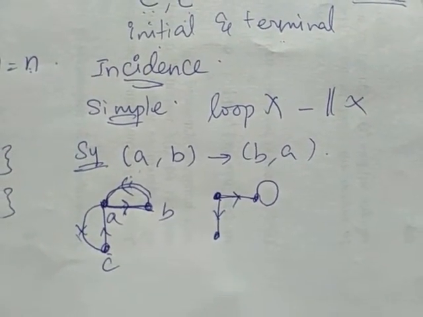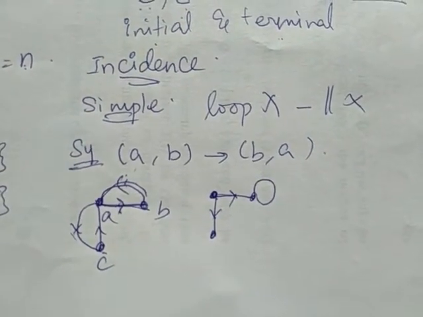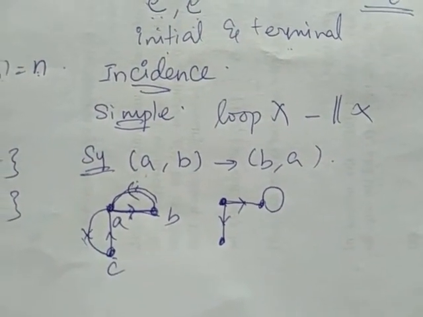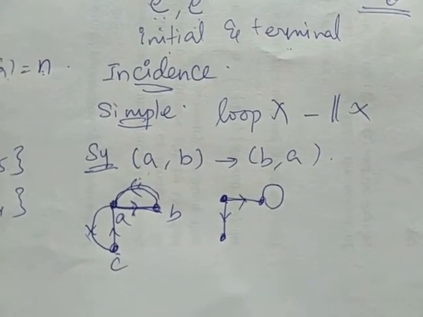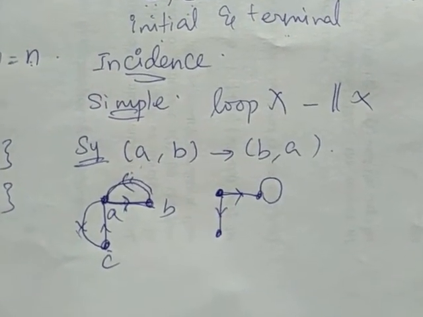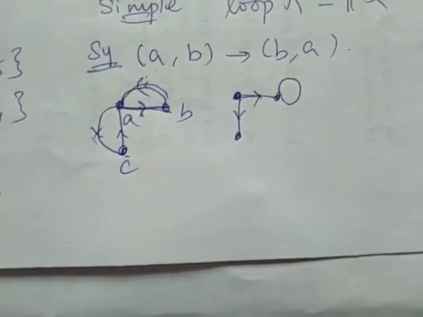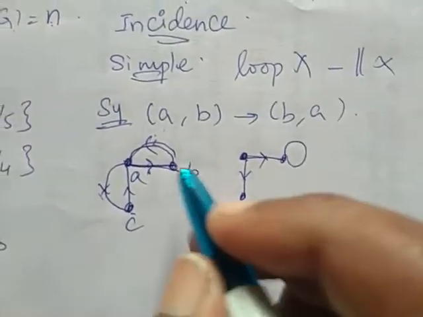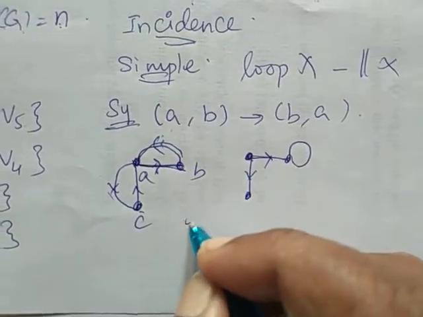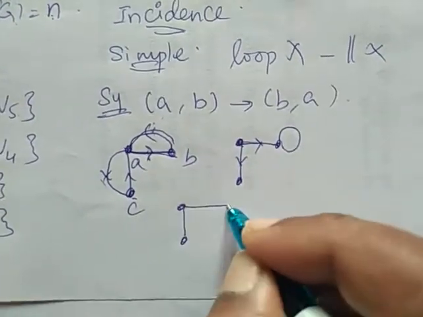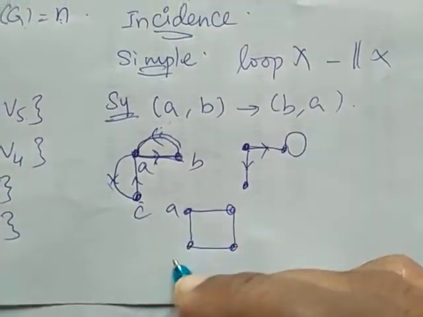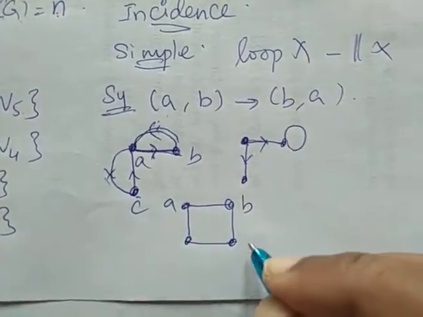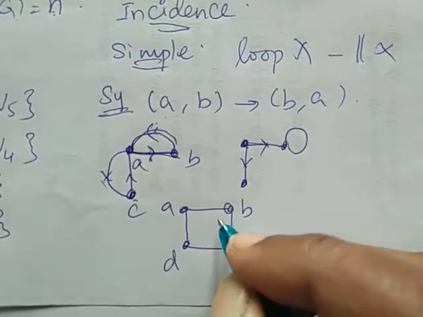That means if we remove the names of the vertices A, B, C, etc., the two graphs cannot be differentiated. Example, if I consider G1, this is A, B, C, D.